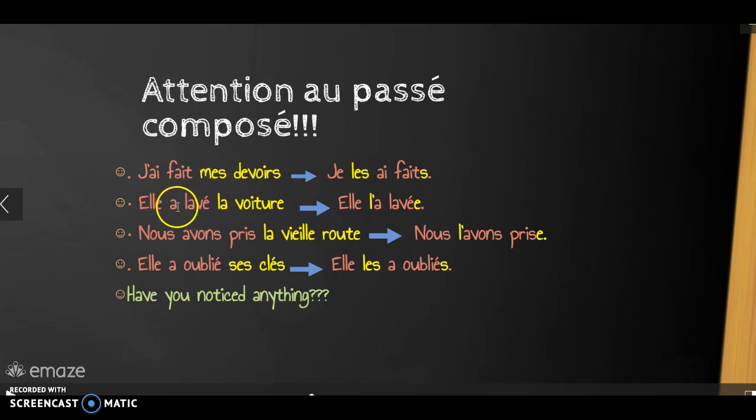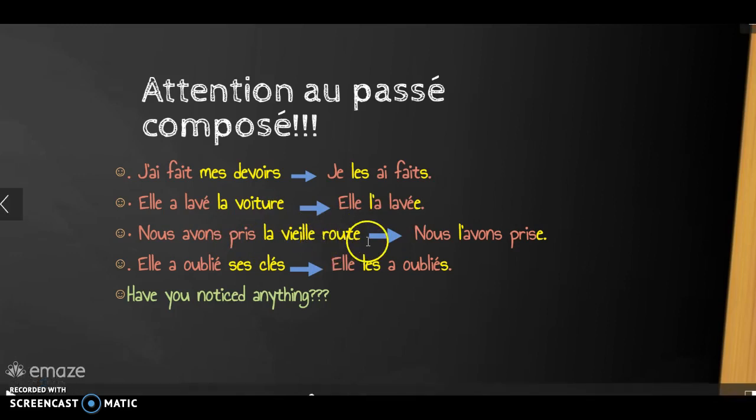In the next example, elle a lavé la voiture. So I replaced la voiture with la, but since I have a verb that starts with a vowel, I'm using an apostrophe and it's placed before the verb. Elle l'a lavée. Now notice lavée takes an E because it refers to a feminine noun, la voiture. In the third example, nous avons pris la vieille route.